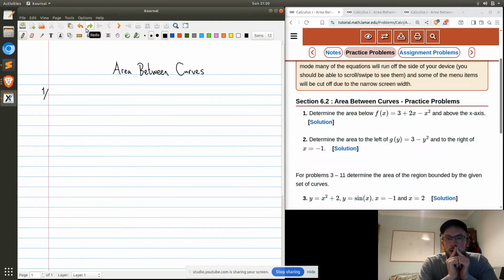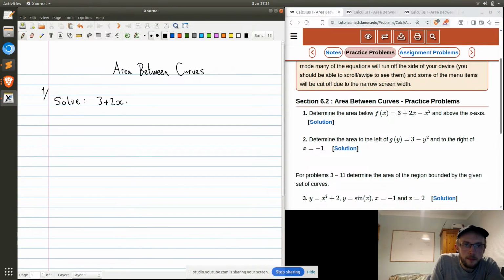It's a parabola, and so we need to find the roots of the parabola. Like that, right?